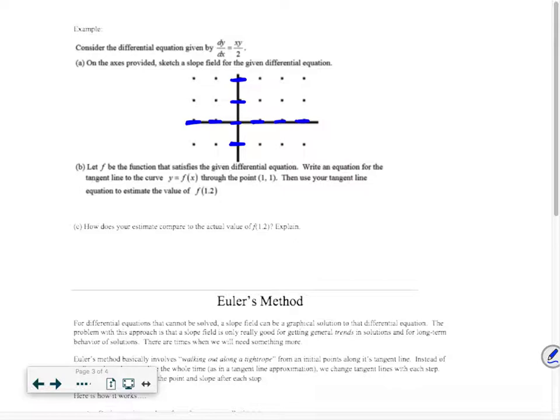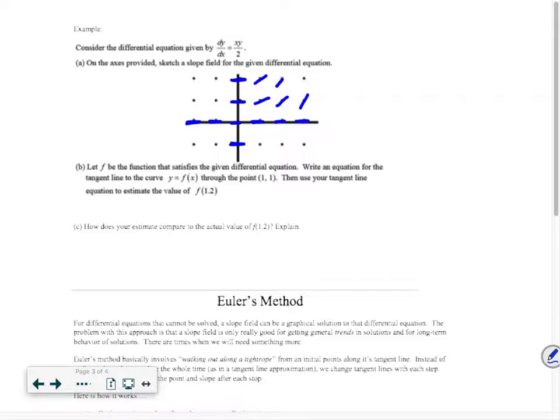That would probably be worth 1 point on the exam, all of your 0 slopes, and 1 point for all of your non-zero slopes. Okay, so we would have slope of 1/2, slope of 1, slope of 3/2. Right?